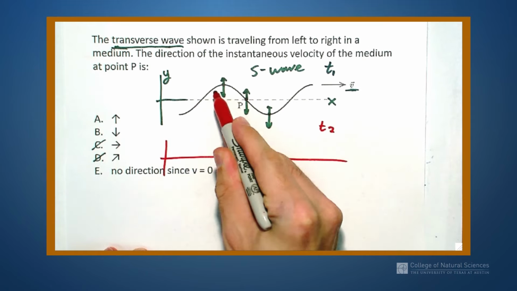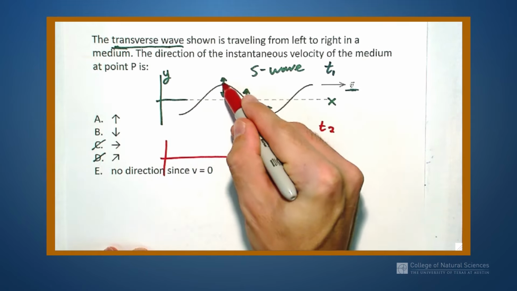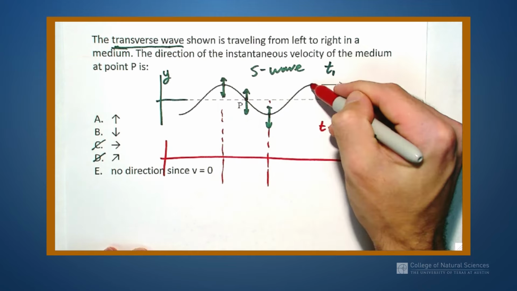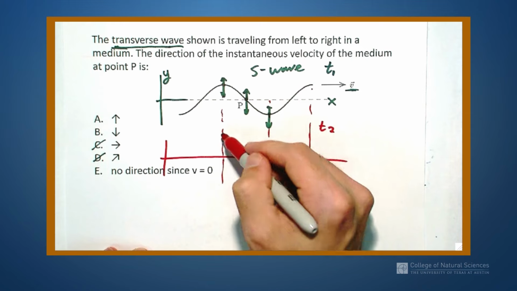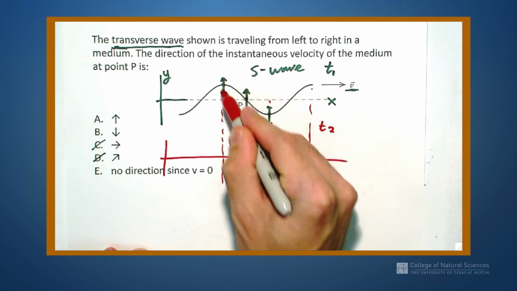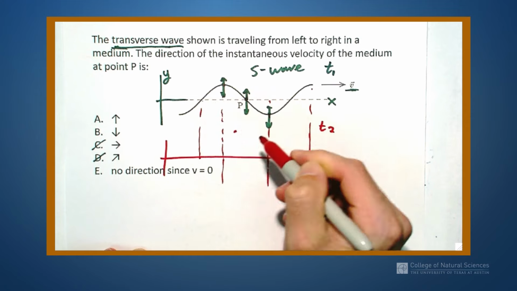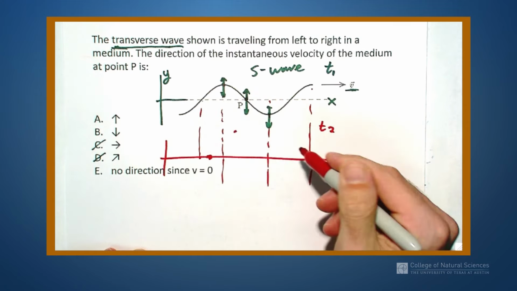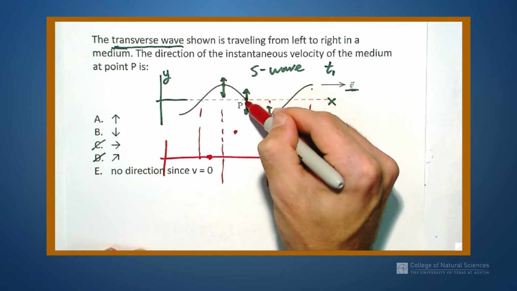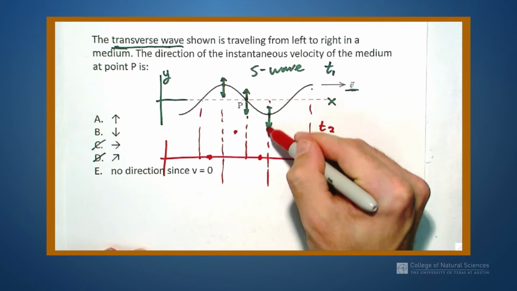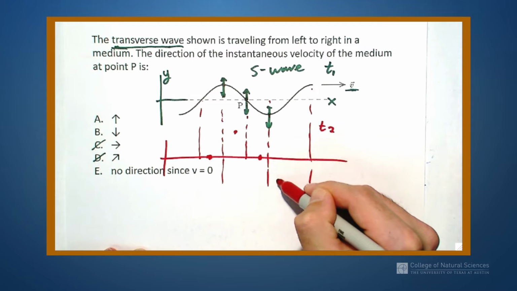So instead of this peak being here, these points are going to move a little bit. So this guy is going to move a little bit forward in the velocity. This 0 point is going to move a little bit forward. This 0 point is going to move a little bit forward. This point right here moves a little bit forward.